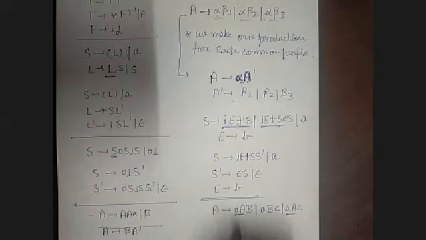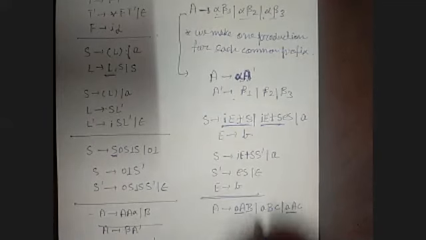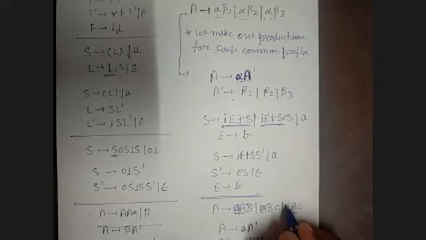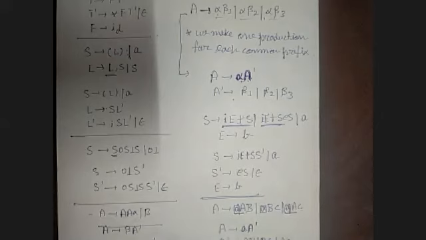So in the first step, we write the production A tends to a A dash. Now A dash tends to AB, or Bc, or Ac. In this part, only one part is repeating, small a. So A tends to a A dash in the first part, and A dash tends to AB, Bc and Ac.